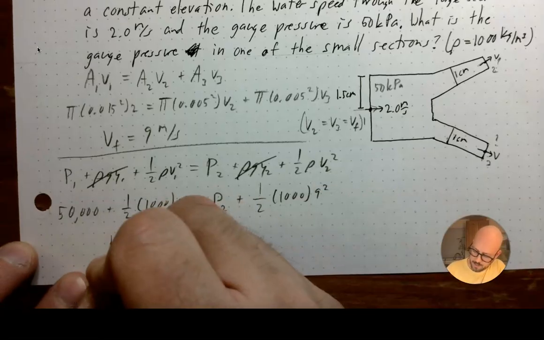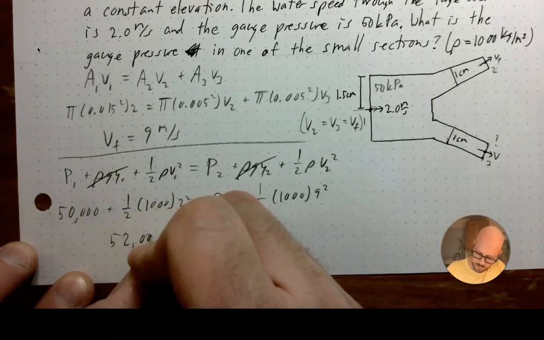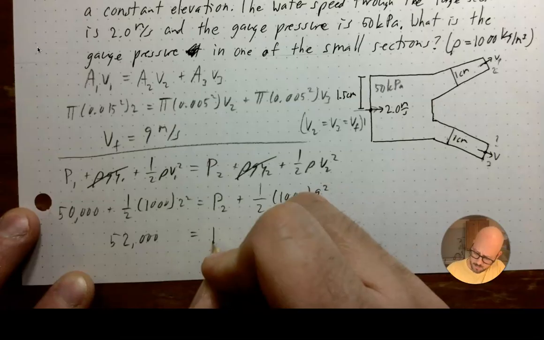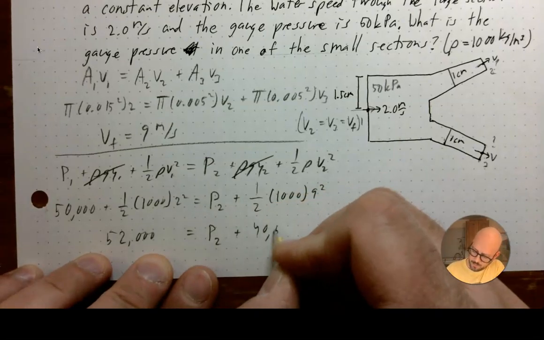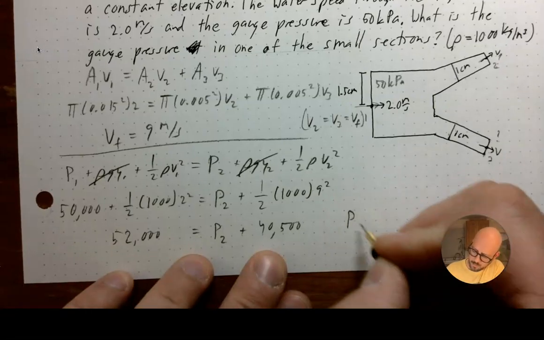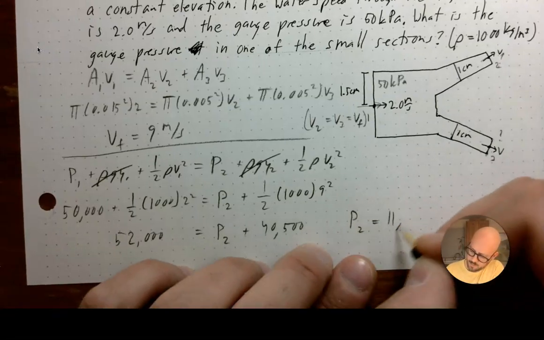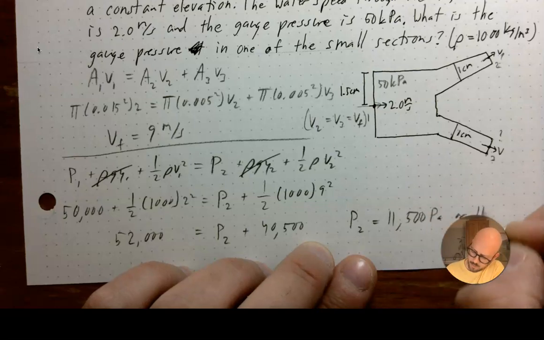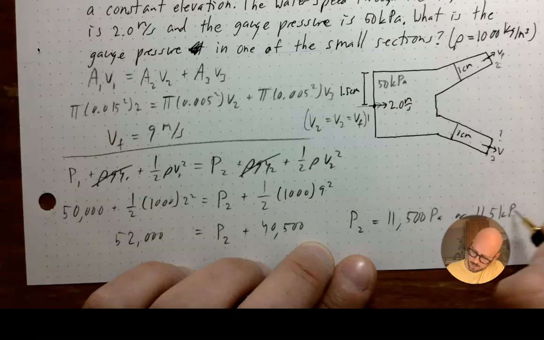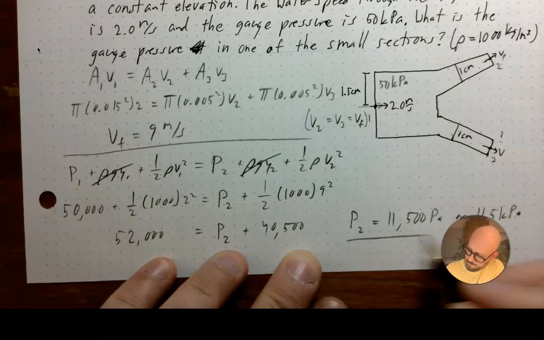On the left-hand side, I would have 52,000 pascals. On the right side, I would have P2 plus 40,500. And so P2 is 11,500 pascals, or 11.5 kPa.